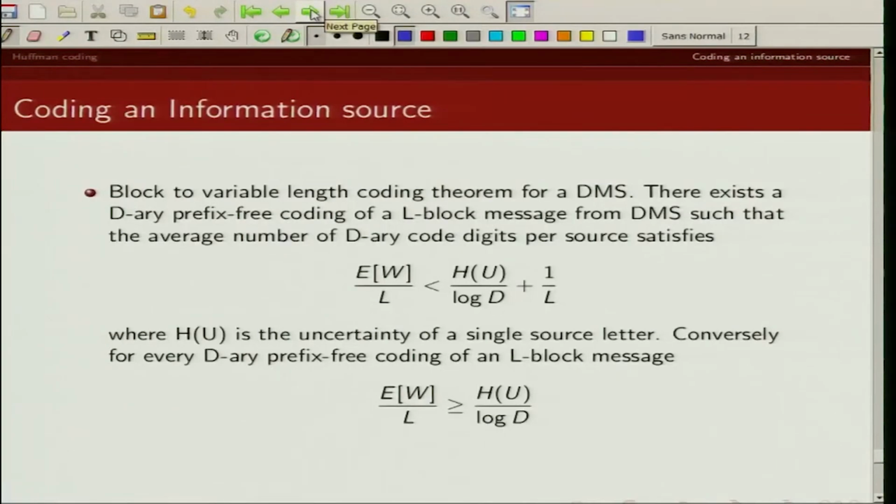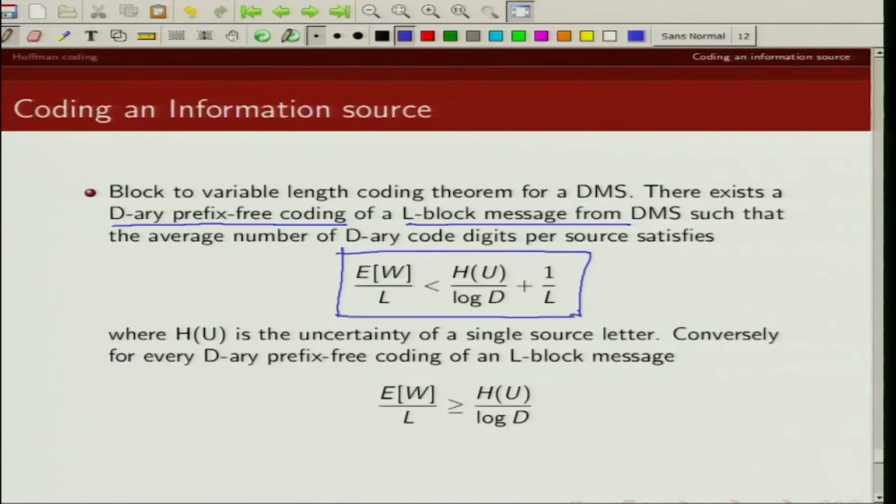We can show that there exists a D-ary prefix free code for this block of L symbols coming from a discrete memoryless source, which satisfies the condition that the average code word length per block size is upper bounded by this and lower bounded by this term.